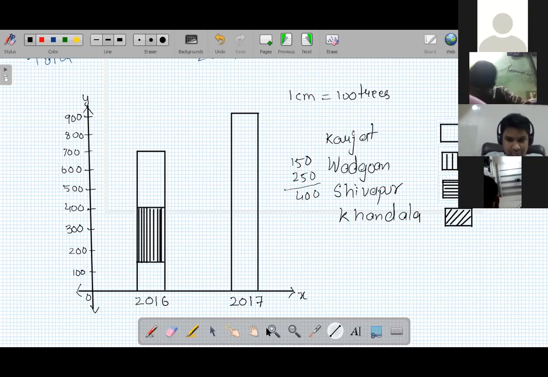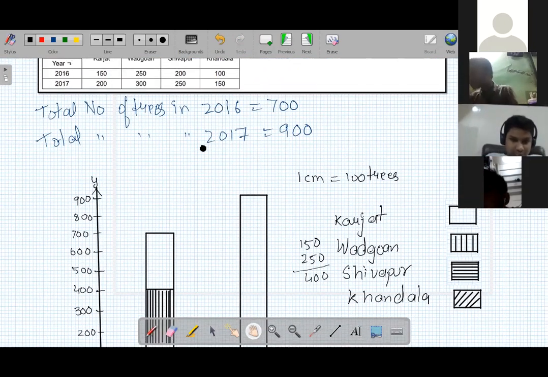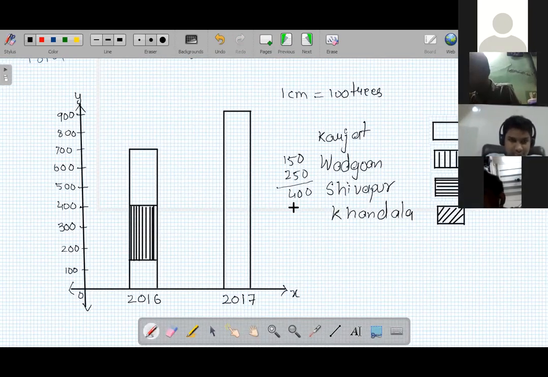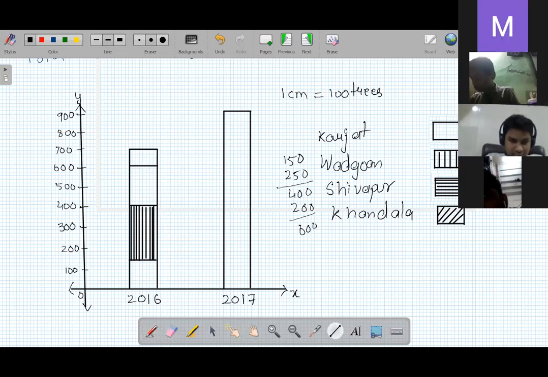Then is Shivapur. What is the number of trees in Shivapur? 200. So you add this 200 to your 400. How much will you get? 600. So you draw the line at 600. That denotes Shivapur, and for Shivapur the line pattern is straight lines.